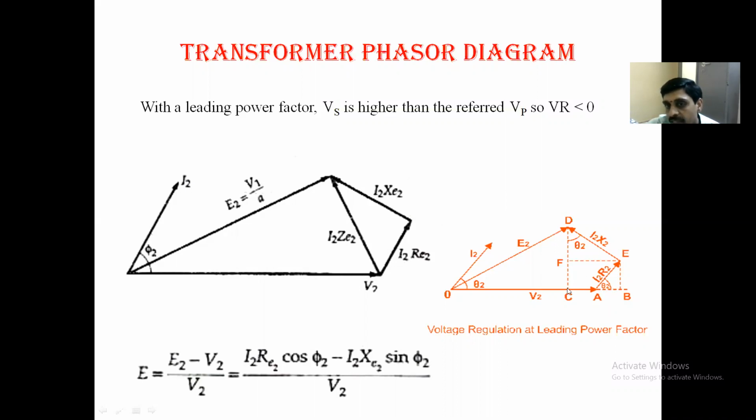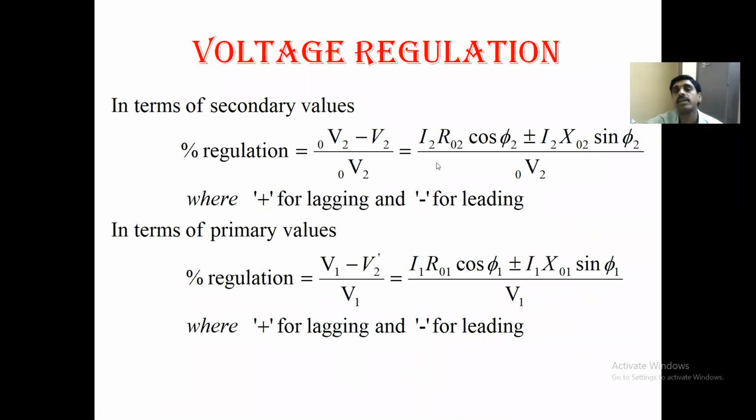We want the difference between these two, which means E2 minus V2 is equal to I2 R02 cos theta minus I2 X02 sin theta. So for lagging power factor load it is plus, and for leading power factor load we can see minus from this triangle.